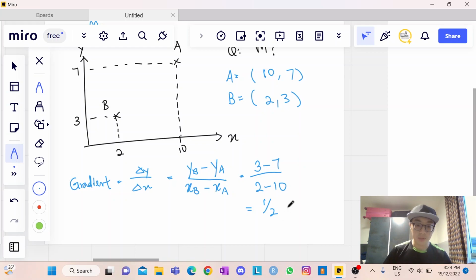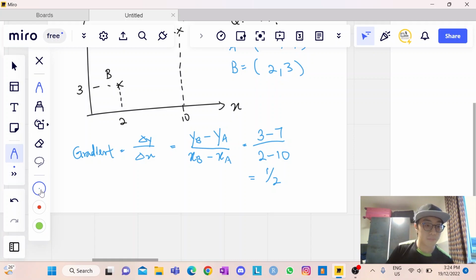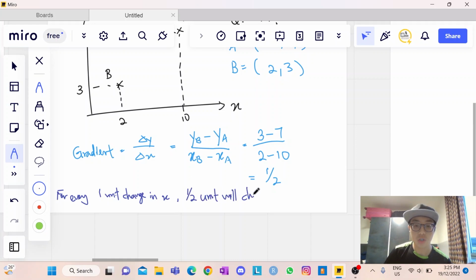What does a gradient of 1 over 2 mean? You can understand this as: for every 1 unit change in x, 1 over 2 unit will change in y, because the gradient is the change in y due to a change in x.